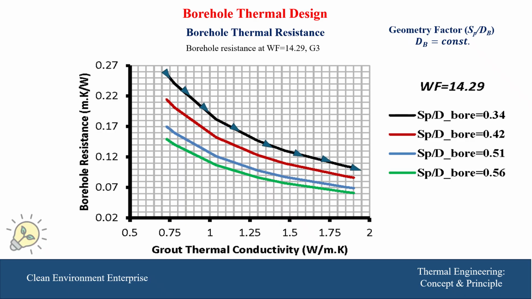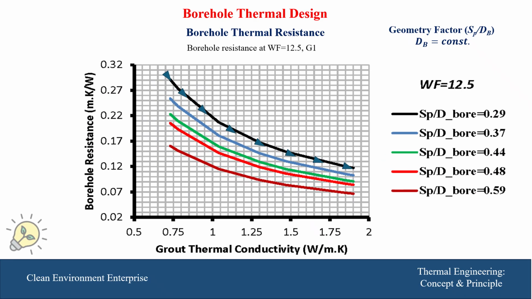The lower value was obtained for geometry factor equal to 0.56 because in this case we have a constant borehole diameter, but the distance between these two legs of the tube is increased, and in that way we are minimizing the distance between the external surface of the borehole and the surface of the tube. The distance is reduced, therefore the thermal resistance will be reduced as well.